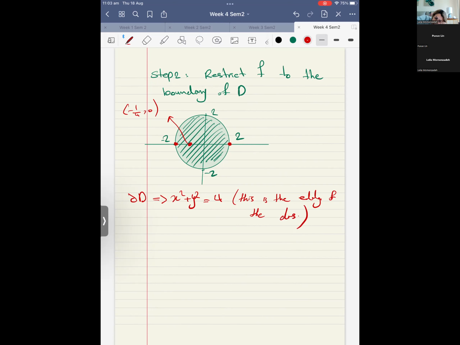Okay, now to find the global maximum or global minimum, you should find the critical points on the boundary of the domain. Okay, let's see what we should do.